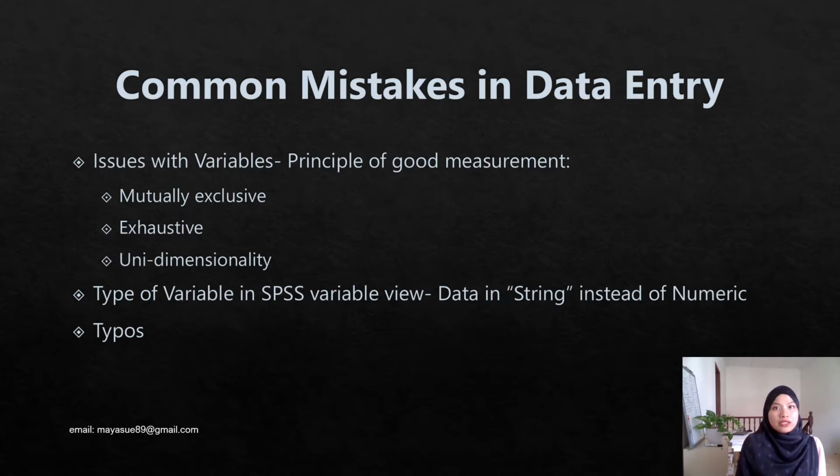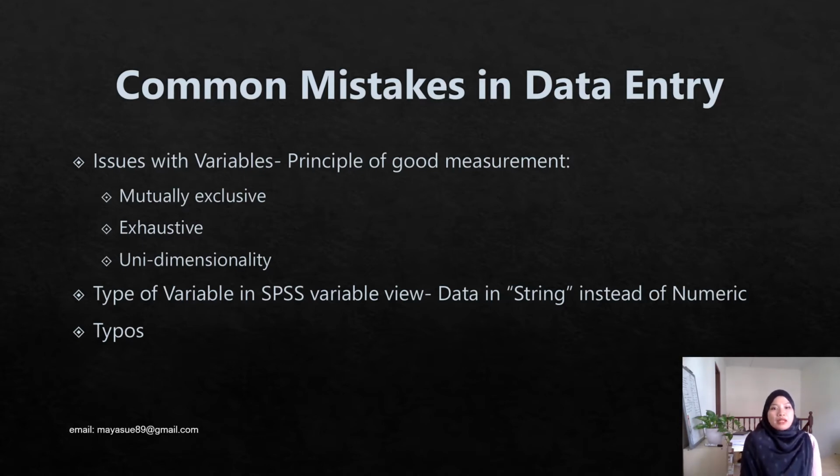Whether the variable is mutually exclusive, meaning there is no overlap, and whether the variable is exhaustive, so each outcome, each data, has its own category. And whether the data is unidimensional, which is whether all the data indicates the same function. If you are measuring height, all the data should indicate the height.